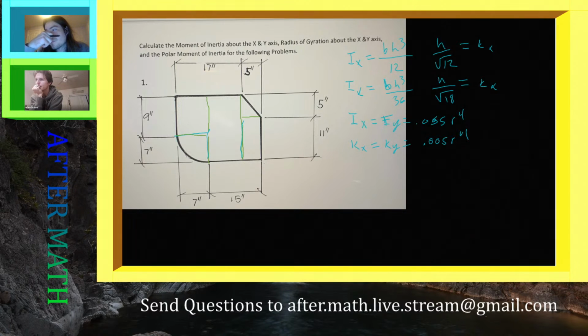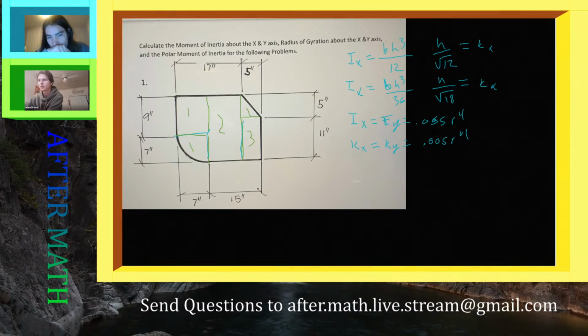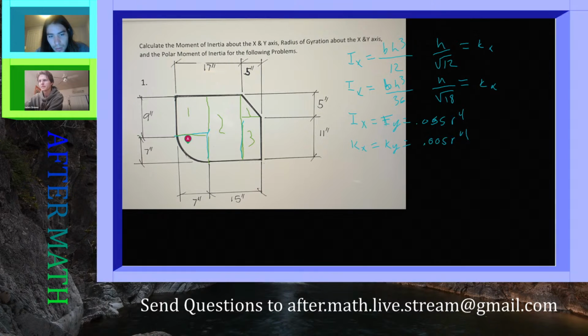I think that's good, right? We have a rectangle 1, 2, 3. We have one half circle and one triangle. All right, not half circle, quarter circle. Okay.